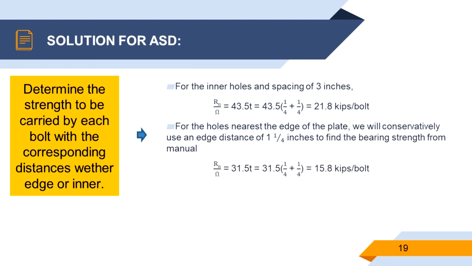Rn divided by the safety factor is equal to 31.5 T, which is equal to 31.5 times (1/4 plus 1/4), which is equal to 15.8 kips per bolt.